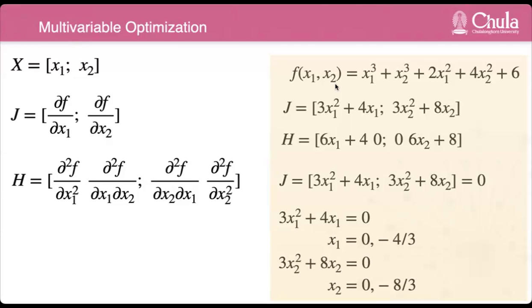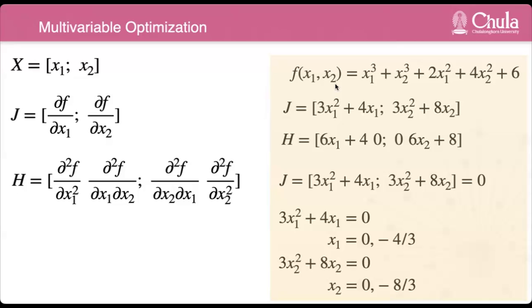Now we move to the second row. The first column of the second row is second order, of course every element is second order, but this one is with respect to x2 and x1.